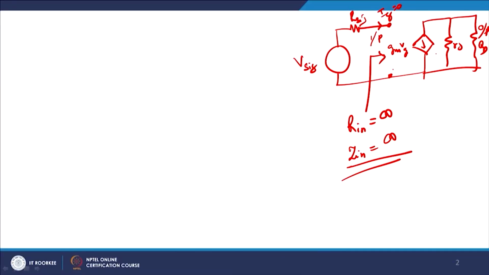With this knowledge, let me define a term known as unilateral, and then you have another type of amplifier which is non-unilateral. The meaning of unilateral is that if there is no feedback between output and input, which means that the output impedance does not load your input impedance and vice versa, then we define that to be unilateral.